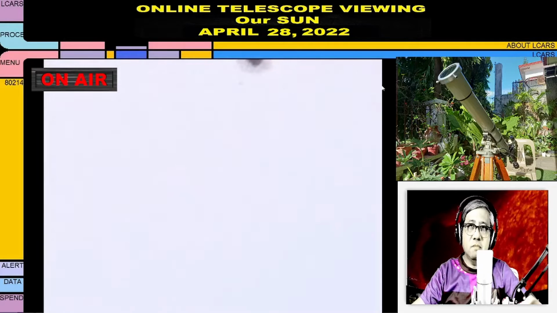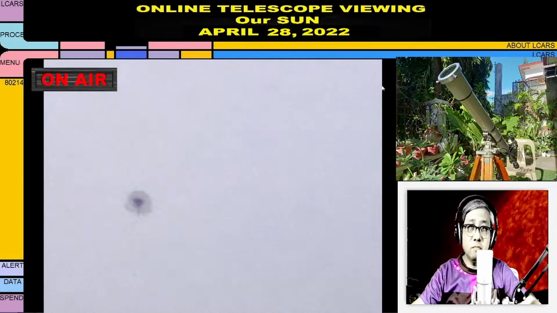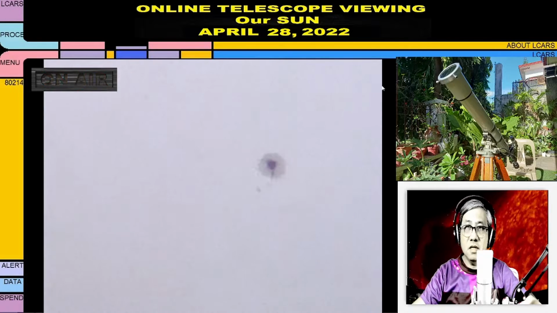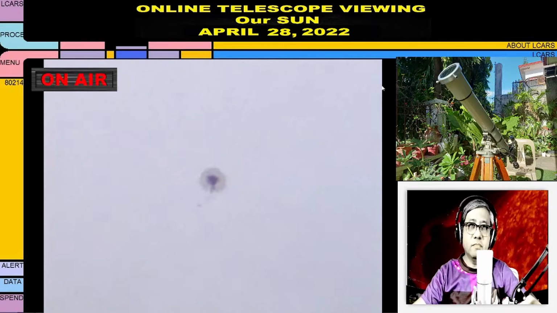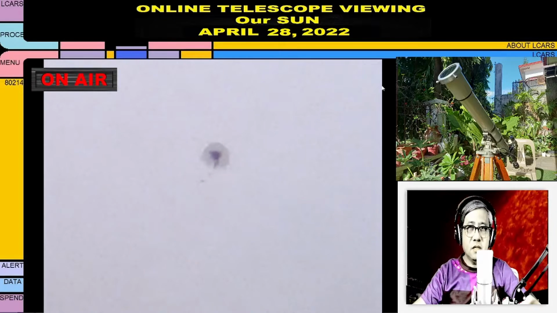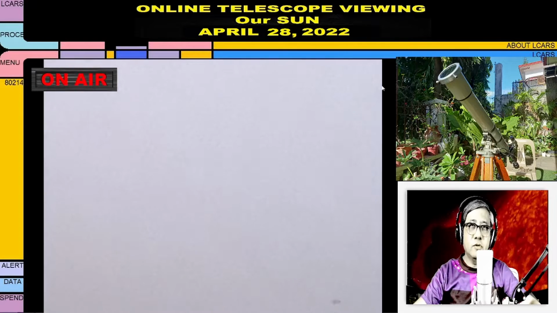Alright, so I am moving the telescope again, pababa po tayo. Ayan, so marami pong sunspots no, na-observe natin and we will be observing more of these sunspots in the next days to come. Alright, because sunspots form over periods lasting from days to weeks and can persist weeks or even months no, before dissipating.